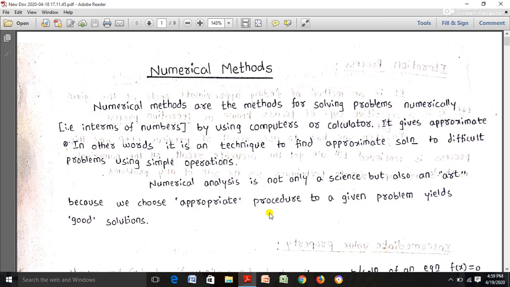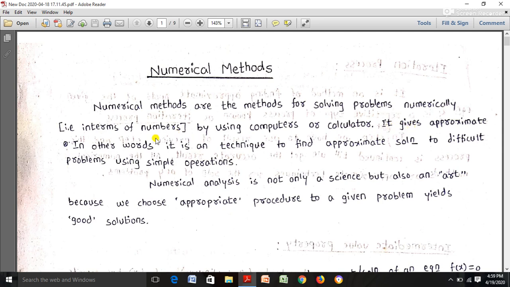start numerical methods. The definition of numerical methods is: numerical methods are the methods for solving problems numerically, that is in terms of numbers, by using computers or calculators.